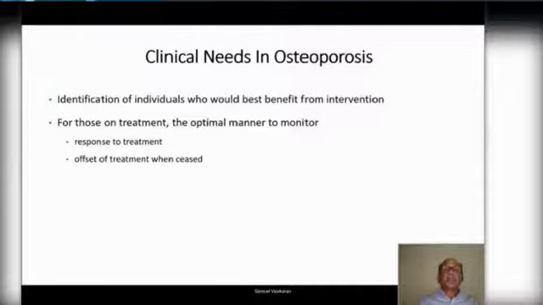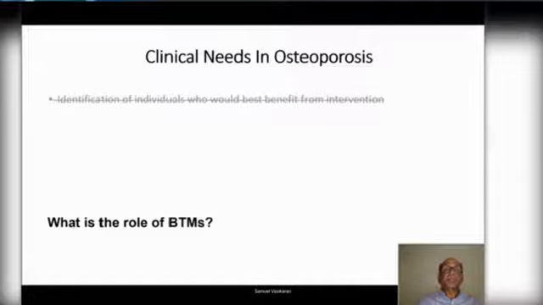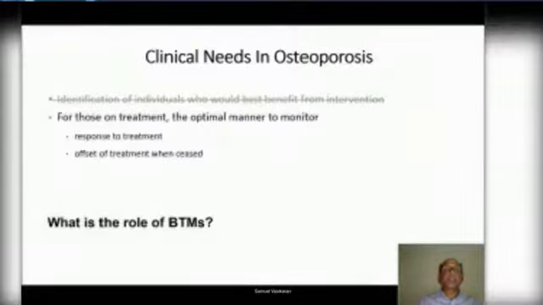The main use of bone turnover markers in osteoporosis is to monitor response to treatment, and also offset of treatment when treatment has ceased. As I mentioned, for identification of individuals for treatment, bone turnover markers are not used.